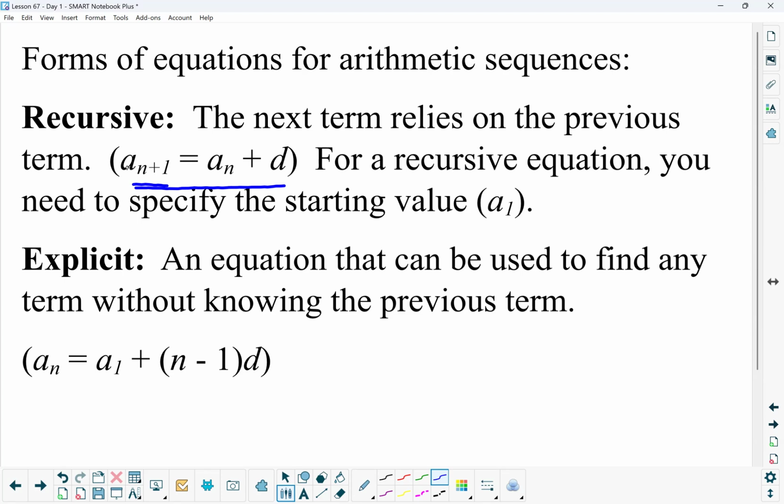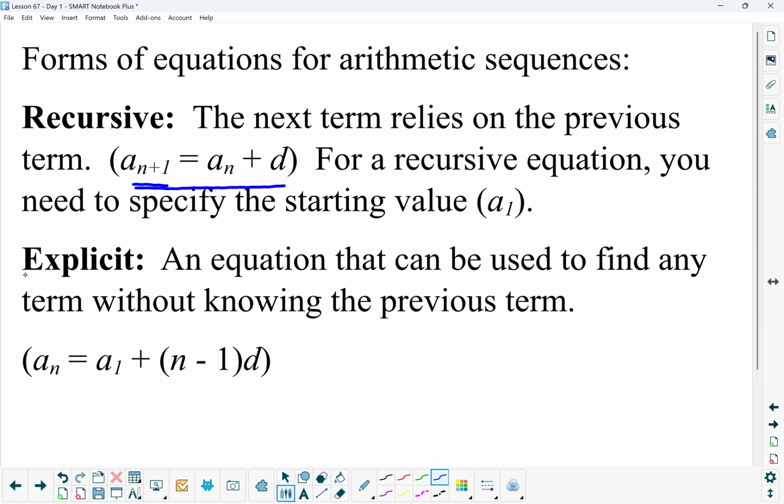It's easy to use, but very difficult when you're trying to find numbers further on in the sequence or in the list. The other equation we're going to work with is called an explicit equation. That is an equation that can be used to find any term without knowing the previous term.